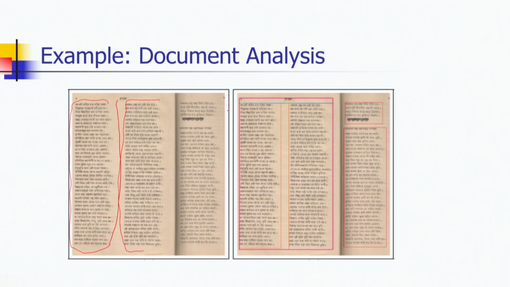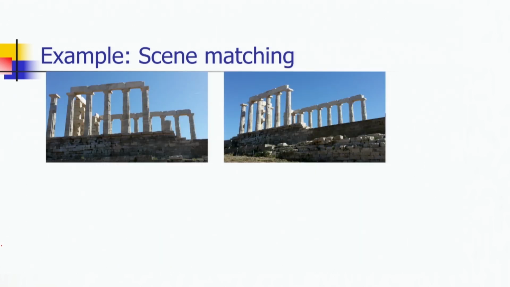Then what about the title part, this arrangement, and further for each one, can you get all the sentences and text from them? So this is document analysis, another area of research and applications for processing.